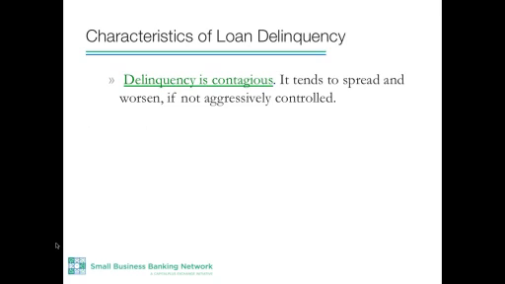Anytime that it starts from a single borrower, we have to be very careful, because from a single loan officer, it spreads to the entire branch. It can contaminate another branch, and before you know it, the entire institution will be suffering from this problem. So just like a fire, at the onset, we have to arrest it right away.